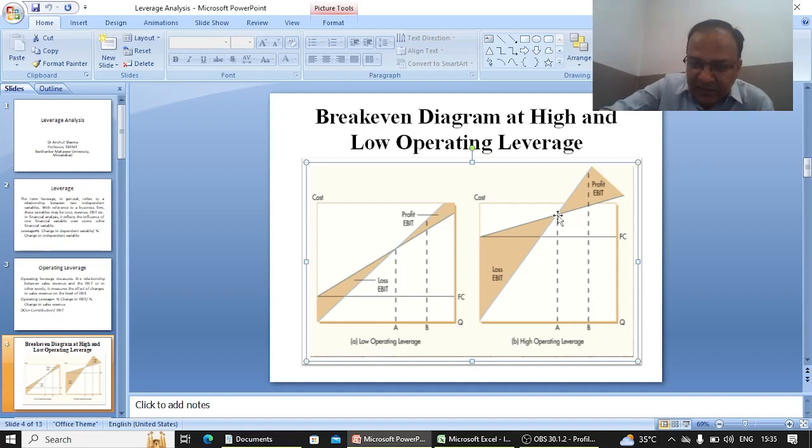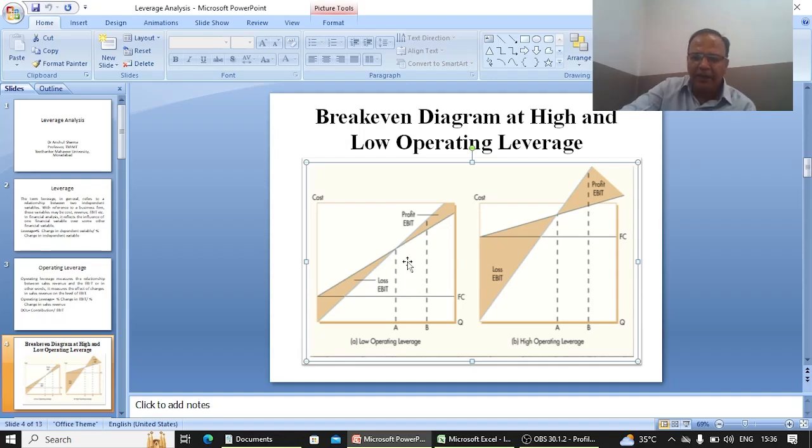And what are the implications? The chart shows very clearly that in the first condition, when you are using low operating leverage, you get EBIT, you get the break-even point shortly in comparison to the condition where you are using more operating leverage.